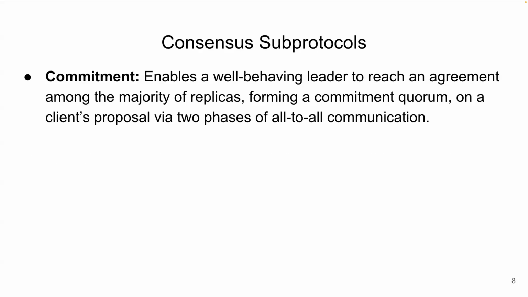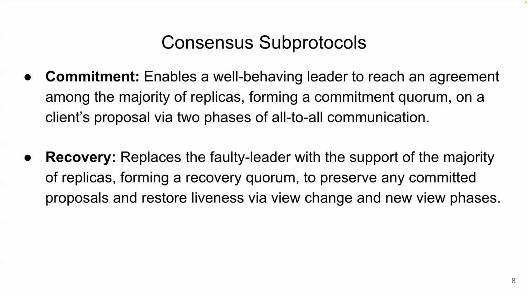Yes? All clear? And if the commitment doesn't go well, then we have a faulty leader or an unreliable network. Then we form another quorum analogous to the commitment quorum, a recovery quorum, and it allows us not only to preserve what was done previously, but also agree upon who the next leader is.